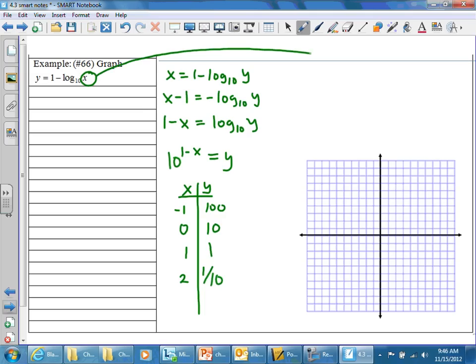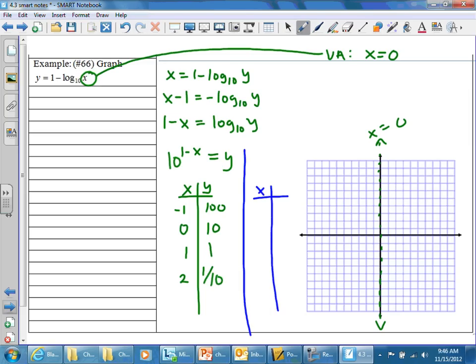So again, I know my vertical asymptote is just where x equals 0. So I'm going to flip-flop and graph these guys.